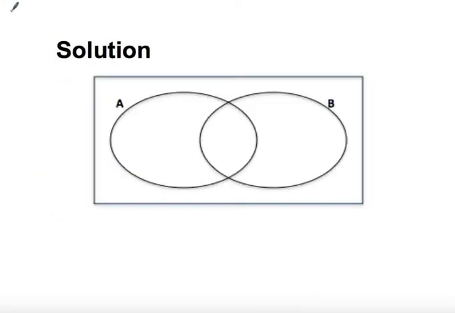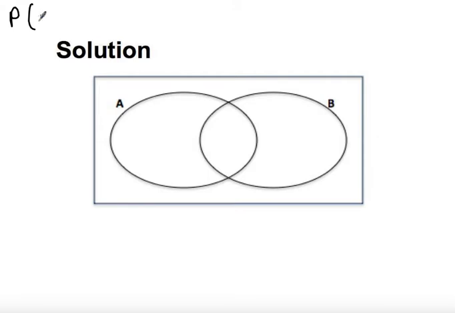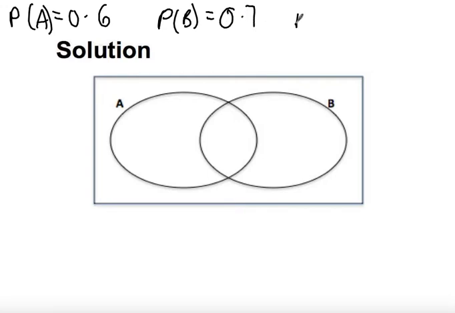What we're given is we know that probability of A equals 0.6, probability of B equals 0.7, and probability of B complement given A complement equals 0.2.